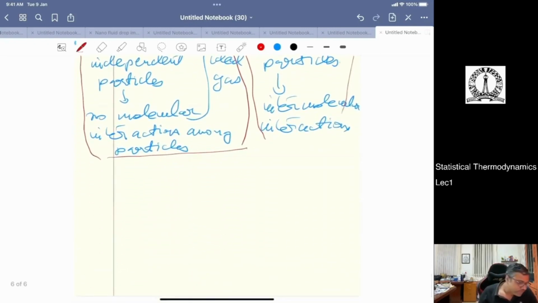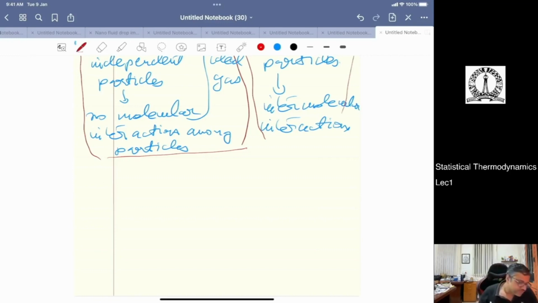Now, intermolecular interactions become very important at higher densities, that is, when the particles are brought close together. And because there are a lot of mathematical difficulties, the macroscopic properties now require a lot of semi-empirical calculations.